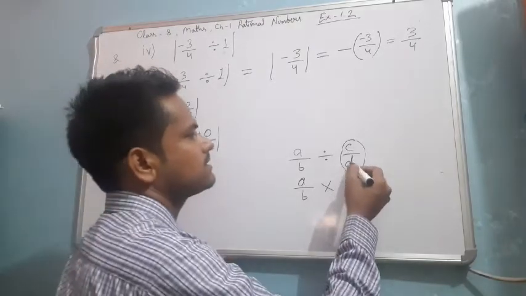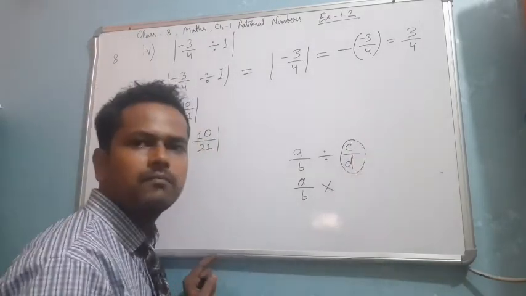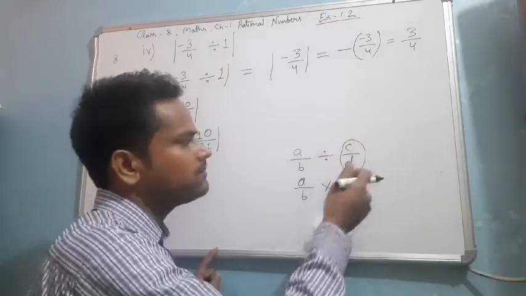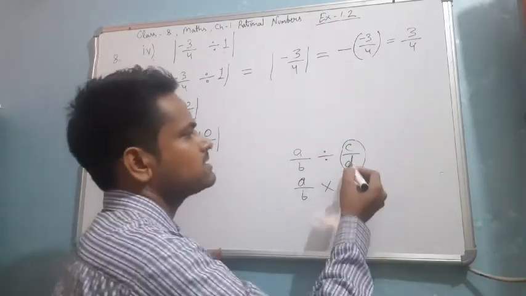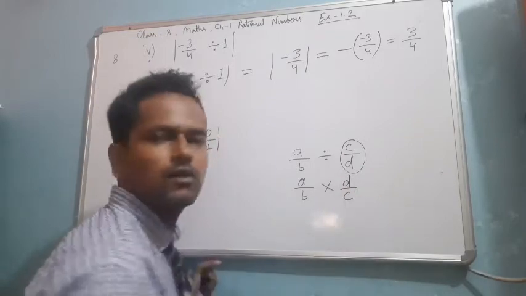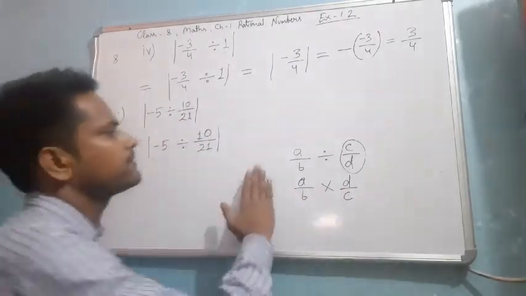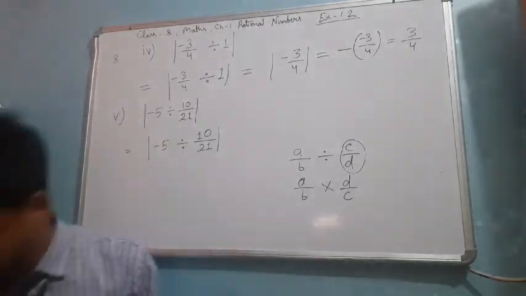It means the denominator will become numerator and numerator will become denominator. It means d by c. Got it?